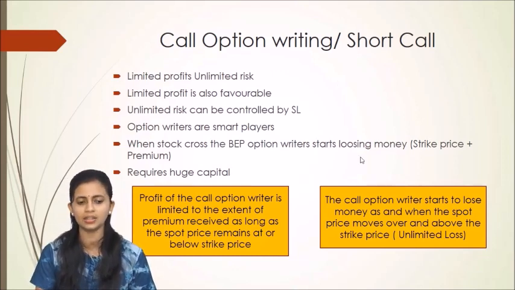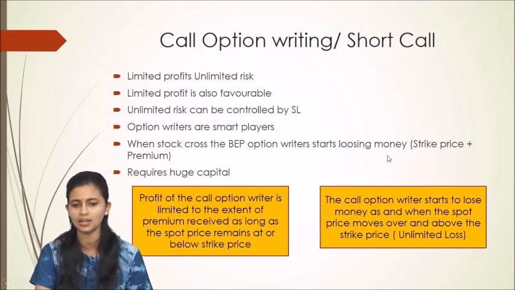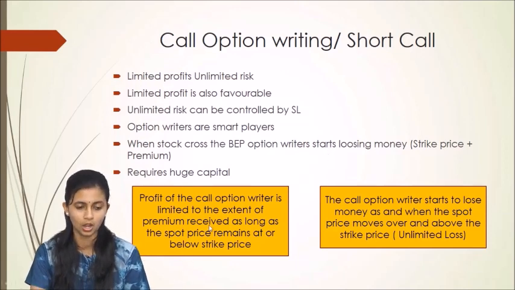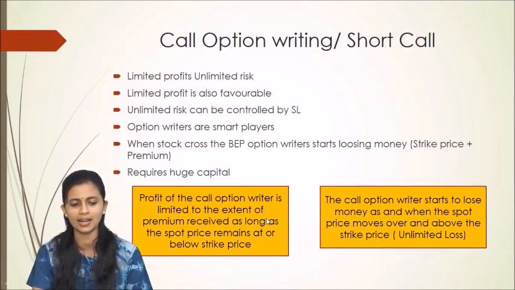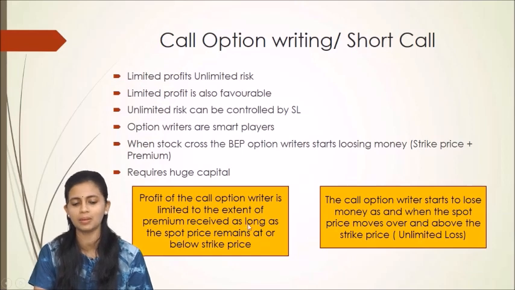Here again, when the stock crosses the break-even price, as usual, option writers will start losing money. In respect to call options, strike price plus premium will give you the break-even price. Once that price is crossed, the call option writer will start making a loss. The profit of the call option writer is limited to the premium received as long as the spot price remains at or below the strike price.